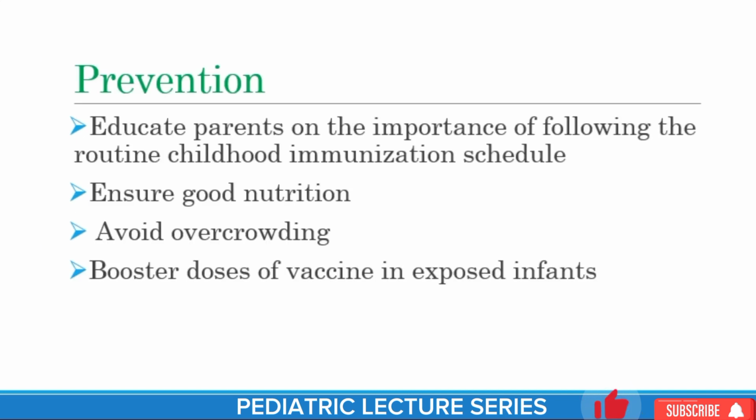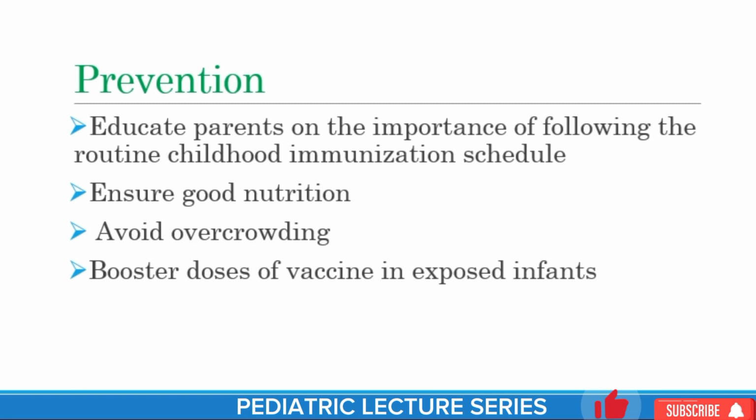And then how do you prevent? Educate the parents on the importance of following routine childhood immunization, as this forms protection from the infection, and if the child is infected, the duration and severity of the disease is decreased. Then advise on good nutrition, and avoid overcrowding since this is a contagious infection.